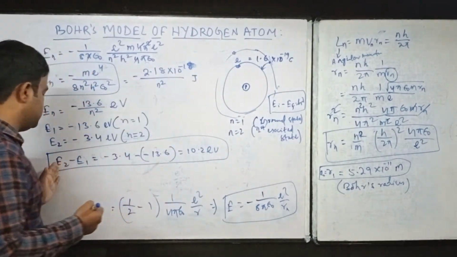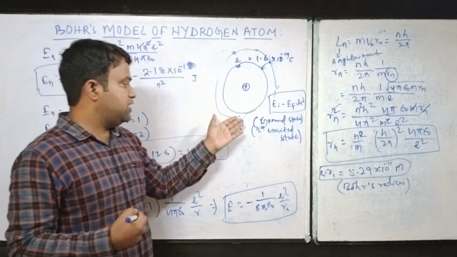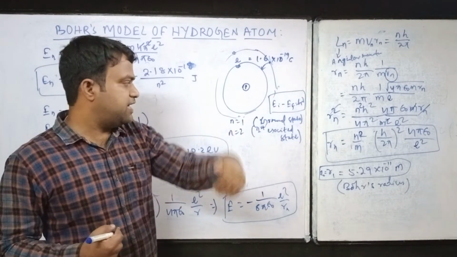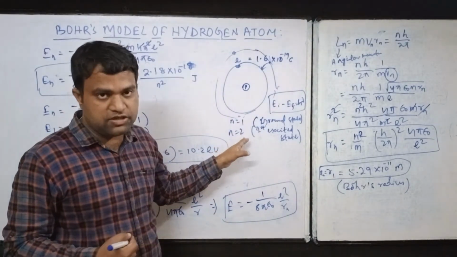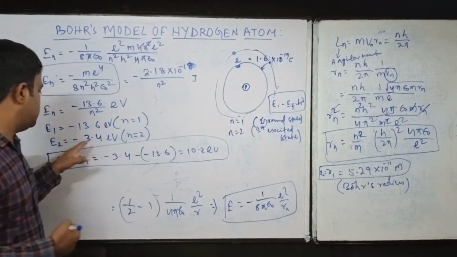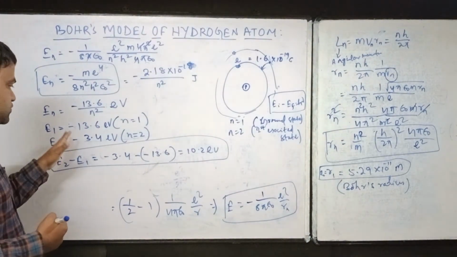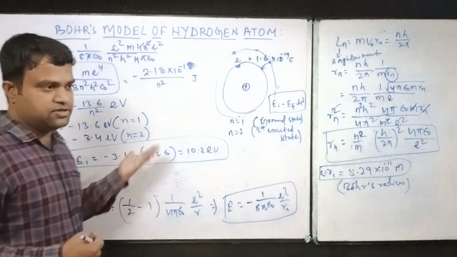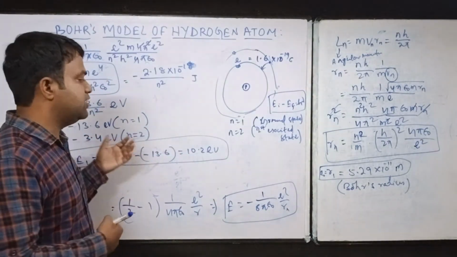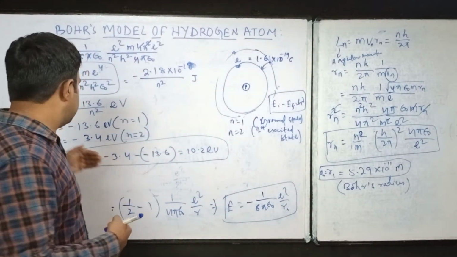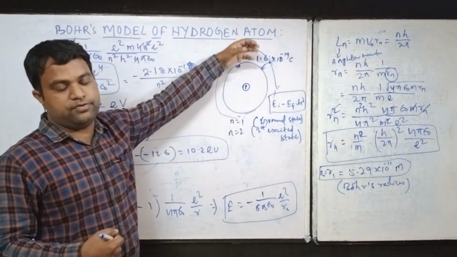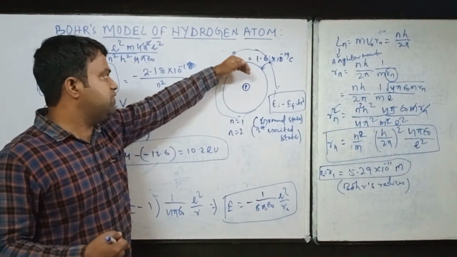This much energy is required to take the electron to the higher states. Suppose the question comes, you want to take an electron which is in the ground state to the second excited state, that means n equal to 3. You calculate for n equal to 3, what will be the energy? That will be minus 1.5, and you subtract it and you get something like 12 point something eV, electron volt.